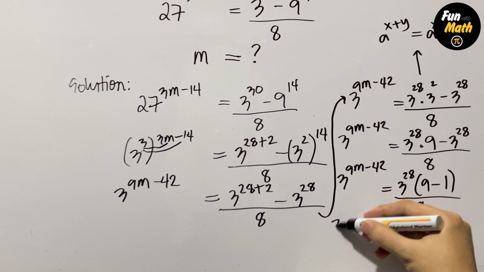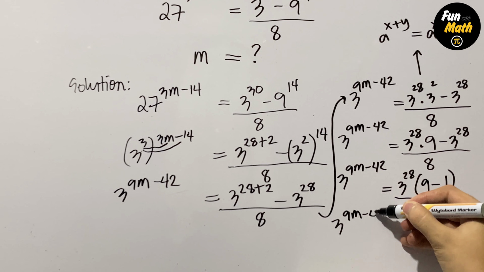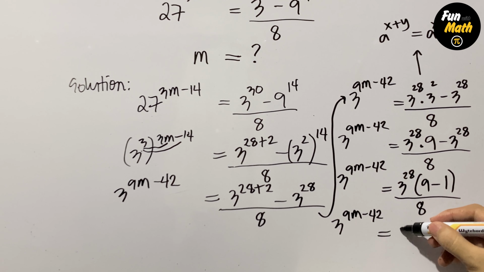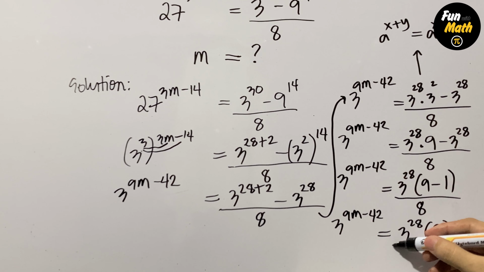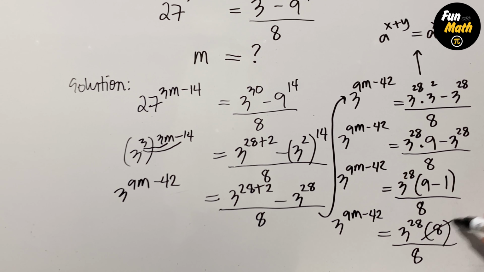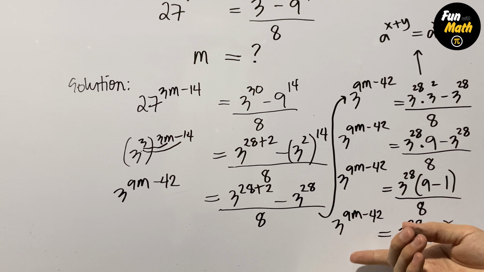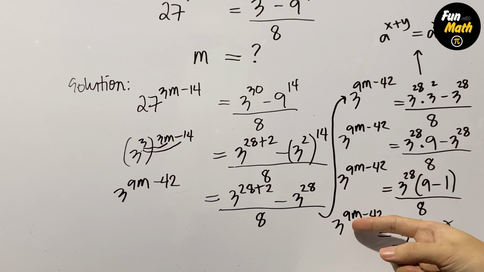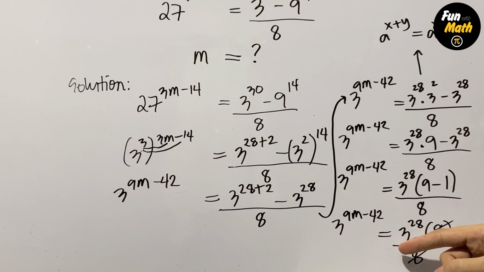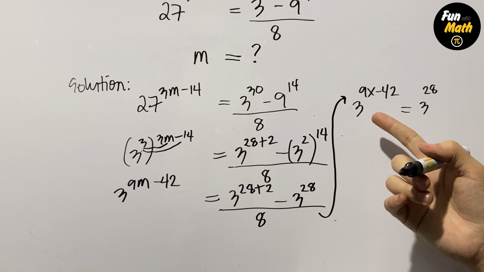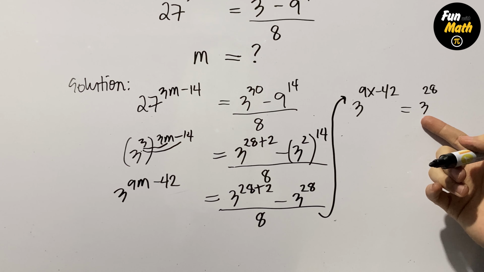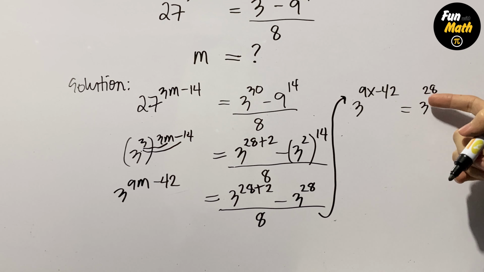And this is 3 to the power of 9m minus 42 equals 3 to the power of 28 times 8, because 9 minus 1 is 8, over 8. And we can cancel this 8 and 8. So the remaining is 3 to the power of 9m minus 42 is equal to 3 to the power of 28. And then moving on, now that they have the same bases, that means we can equate the power.